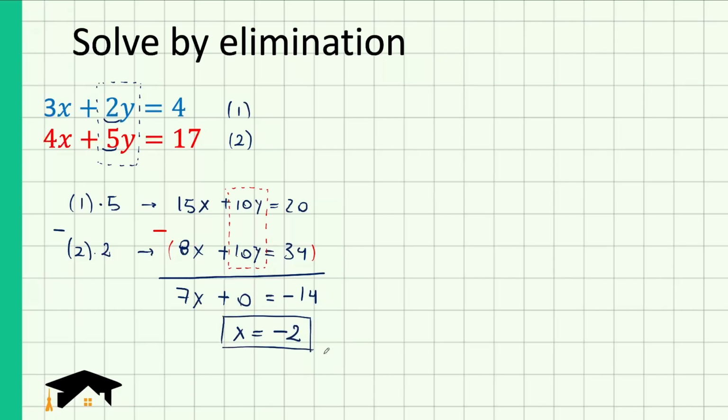And now, like before, we just substitute in another equation. So substituting x equal minus 2 in, for example, the first equation, we get 3 times x, so 3 times minus 2, plus 2y equals to 4. 3 times minus 2 is minus 6.